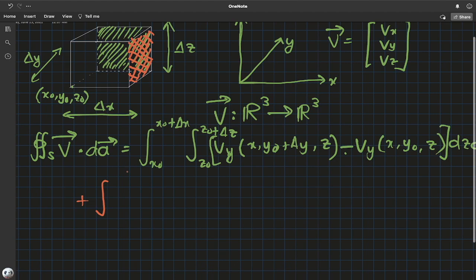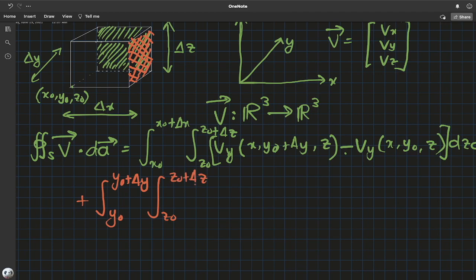In the YZ plane, we have y0 plus delta y as one bound, and z0 plus delta z as the other bound.